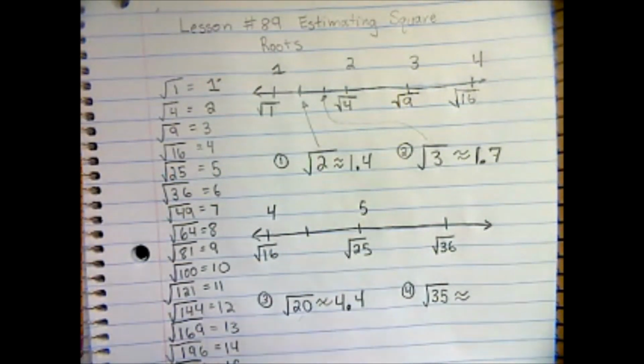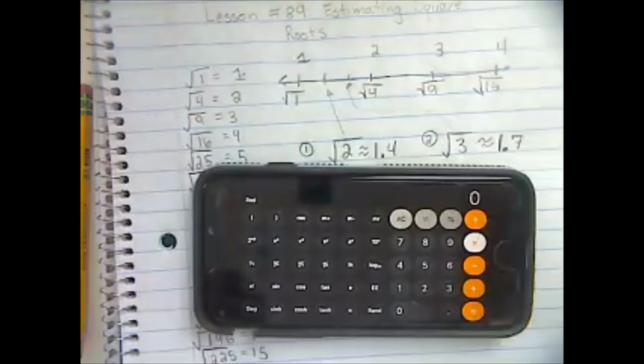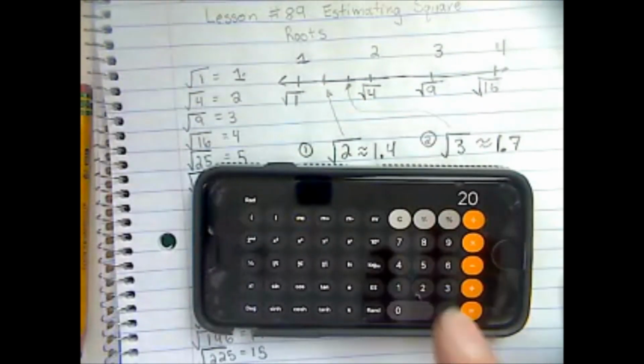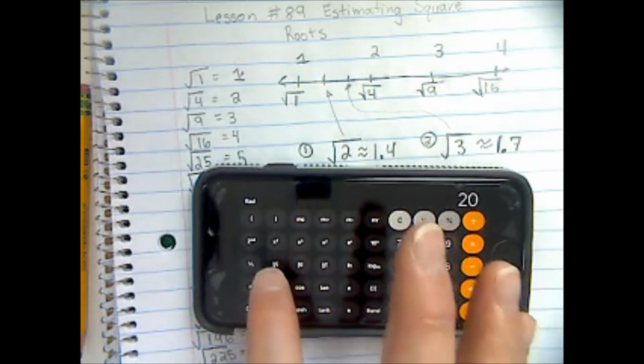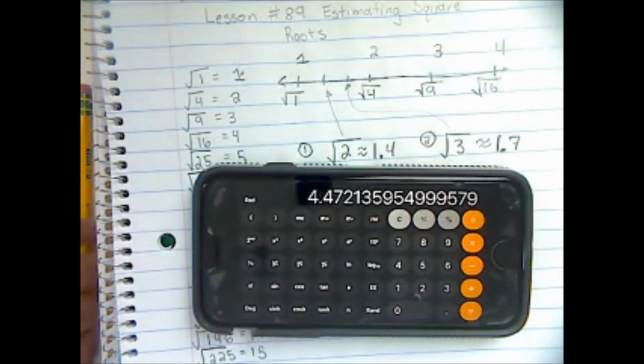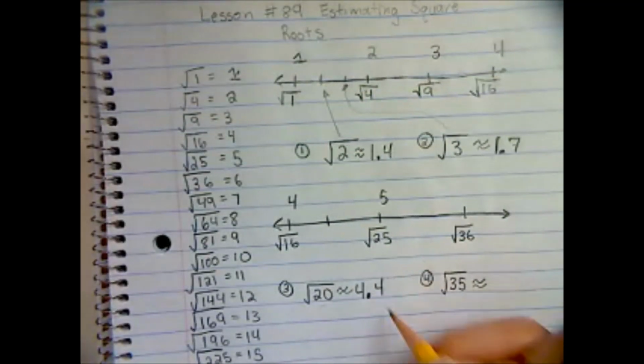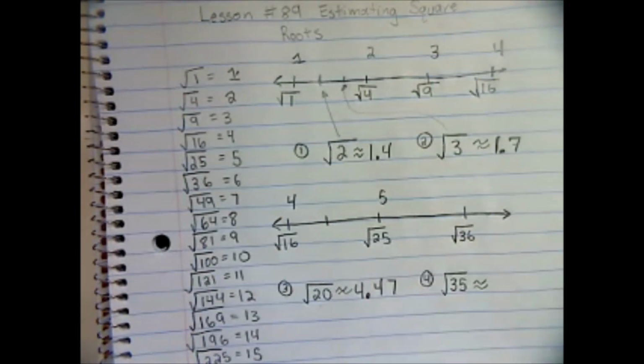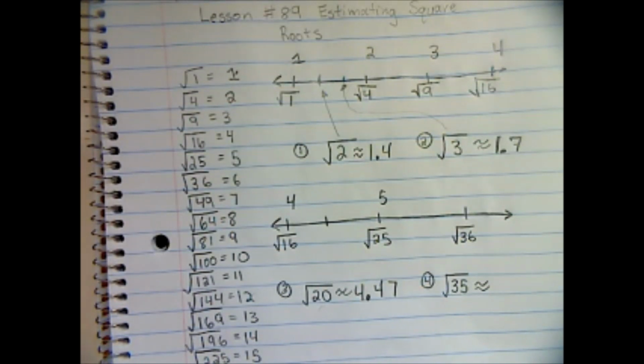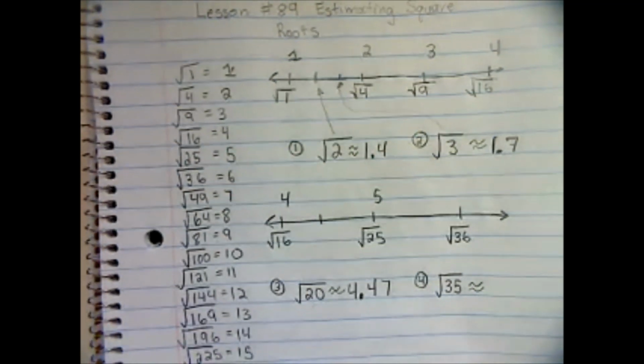So let's go ahead and see what this is. Let's say 20. I'm going to put my square root button. Boom. 4.47. Look at that. I was pretty close. If I put a 7 there, then maybe I could round up to 4.5. But I'm going to say 4.47. That's pretty close.